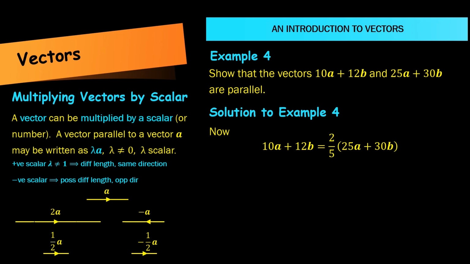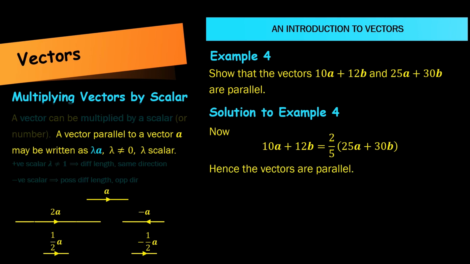Now let's put one vector in terms of the other. 10a plus 12b can be expressed as 2/5 of the other vector, as shown. And therefore, we can conclude that the vectors are parallel.